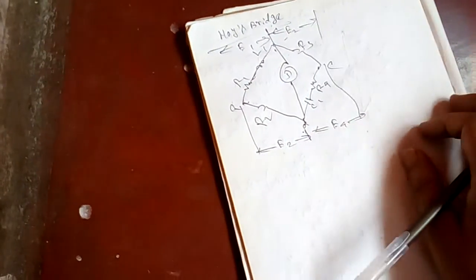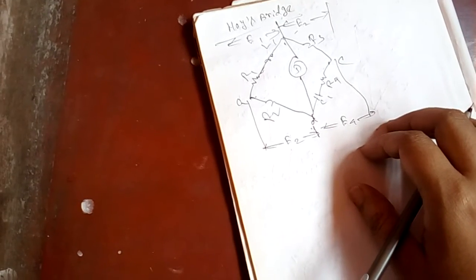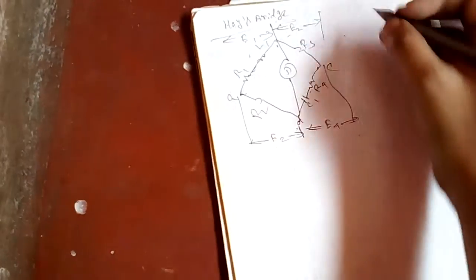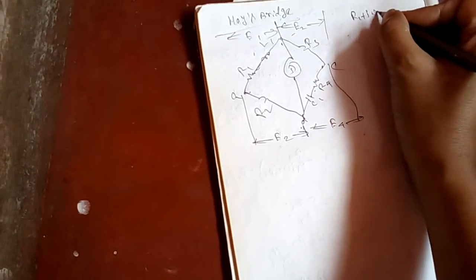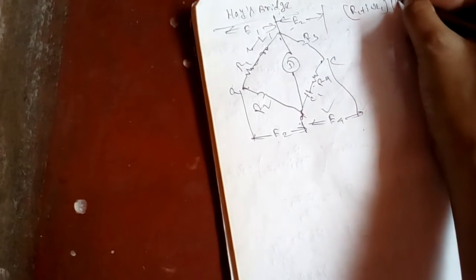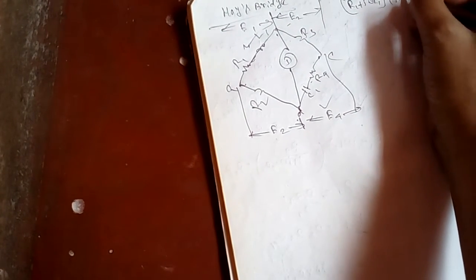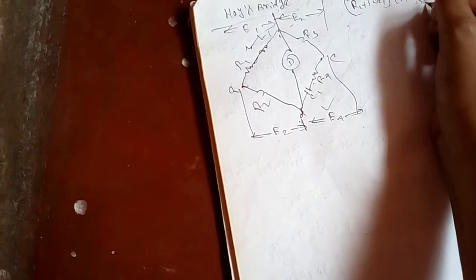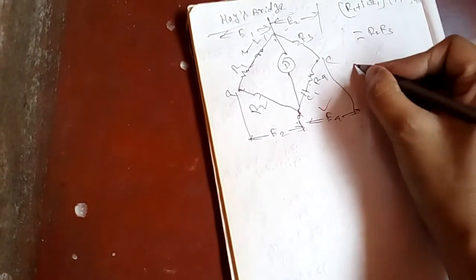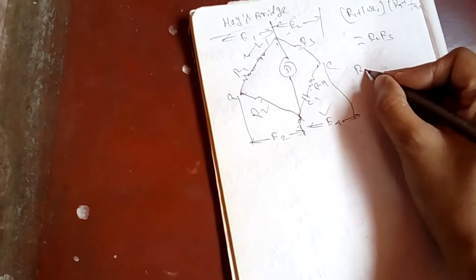So if we take the general equation, we get R1 plus jωL1, and R4 in series with 1 by jωC4, equal to R2R3. Again we calculate the imaginary and real part.